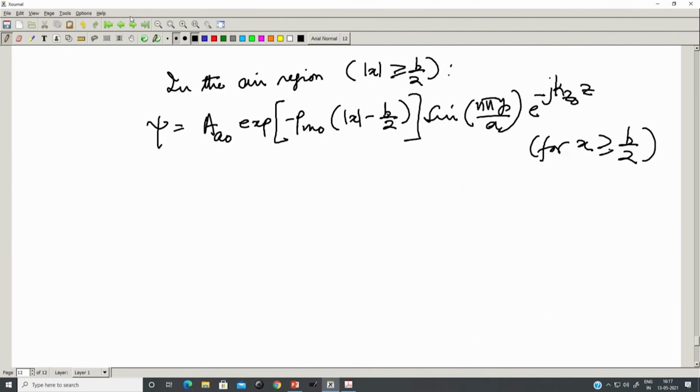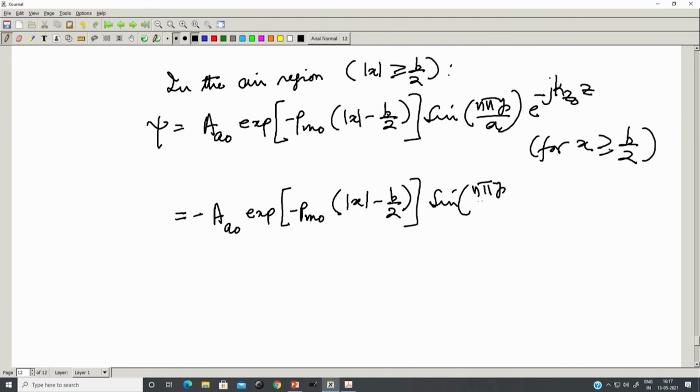and psi is equal to minus A_AO exponential minus p_MO mod x minus b by 2, sine n pi y by a, e to the power minus j k_z0 z for x less than or equal to minus b by 2.